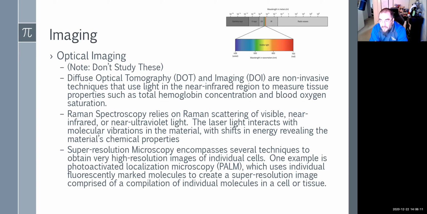This actually allows us to look down at the cellular level or the molecular level. So again, not something you're going to have to know, but at least it's interesting to see that we're starting to develop techniques now that keep us away from having to use ionizing radiation as much, which is a good thing. Don't get me wrong. Ionizing radiation we've used for years, but we understand now that it's not the best option.